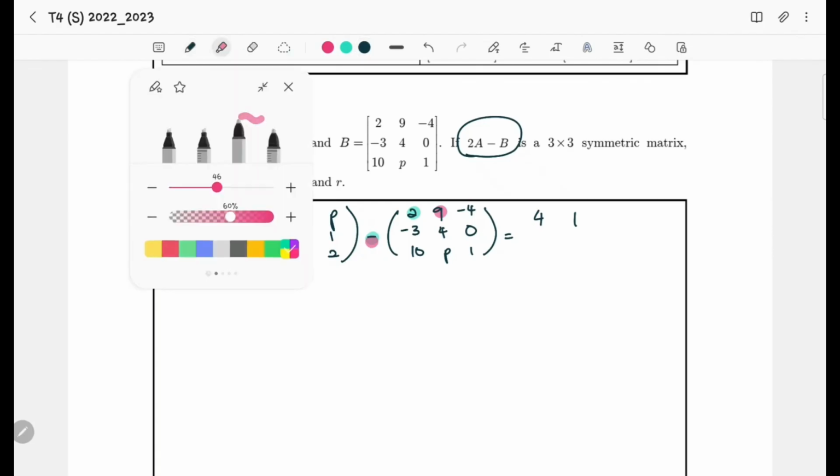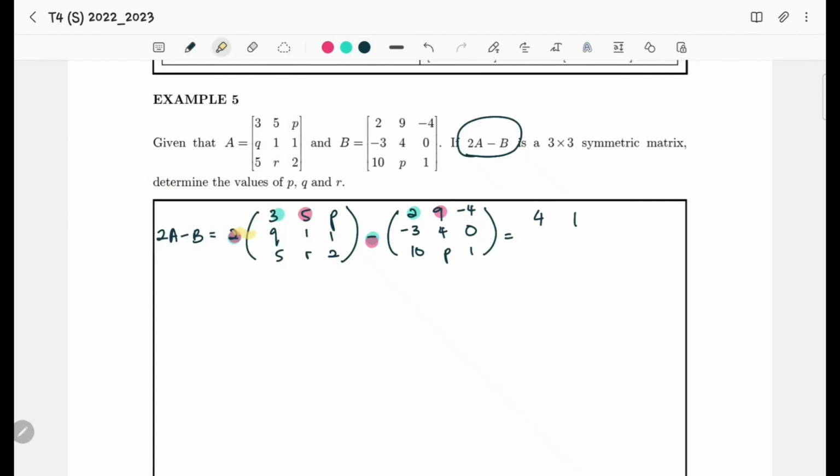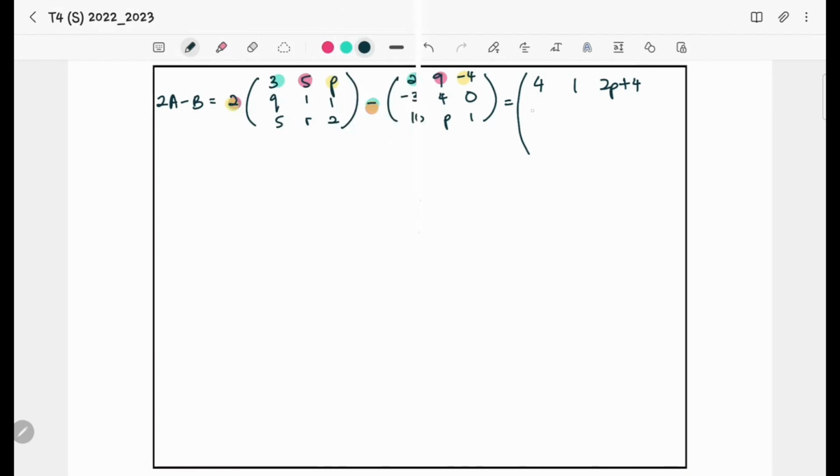Next, 2 times P minus negative 4, you get 2P plus 4. Now you just do the same for the rest.